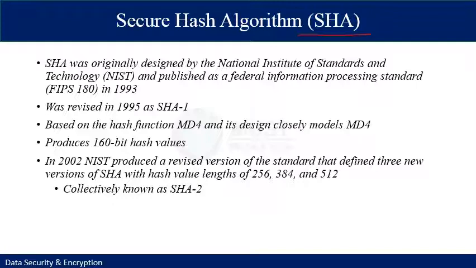SHA was originally designed by the National Institute of Standards and Technology, NIST, and published as a Federal Information Processing Standard in 1993. When weaknesses were discovered in the secure hash algorithm known as SHA-0, it was revised in 1995 as SHA-1.